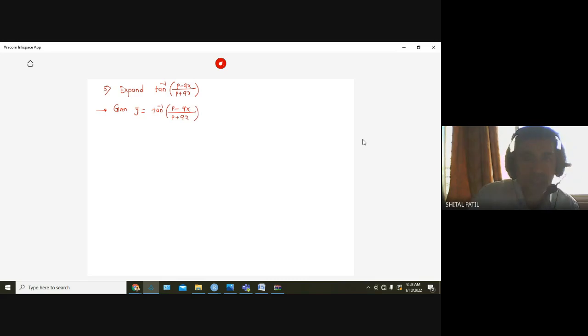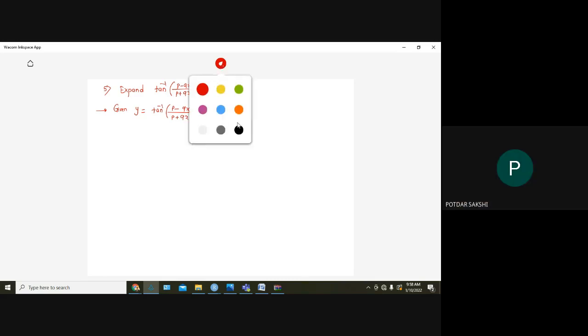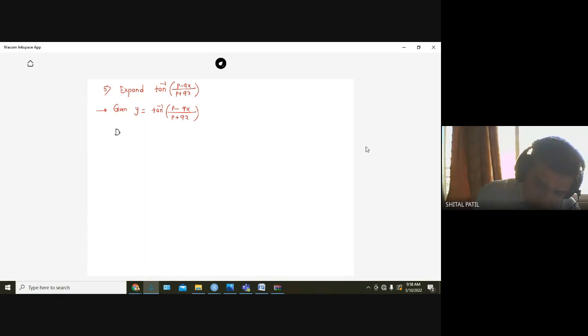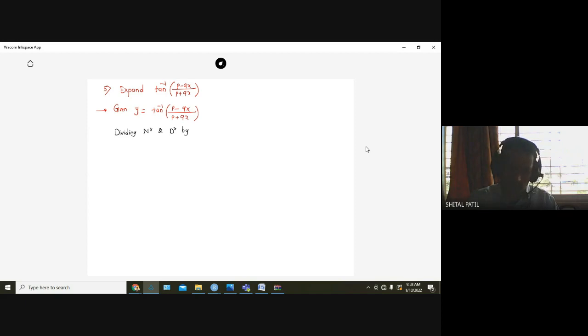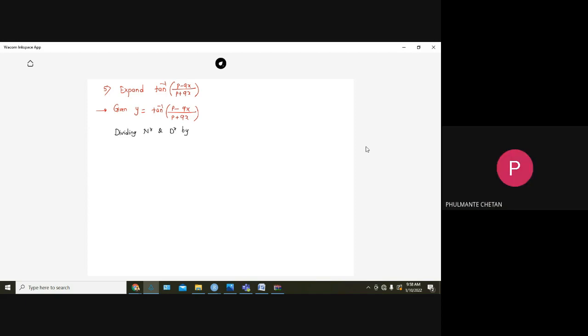What should be the first step? We will divide numerator and denominator by q. Dividing numerator and denominator by, is it q or p? Q, sir, Q.